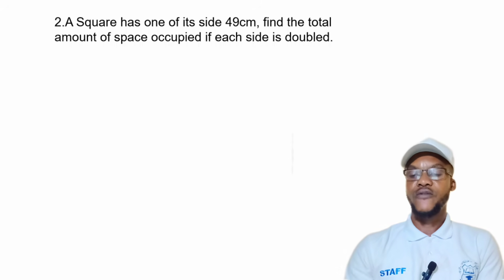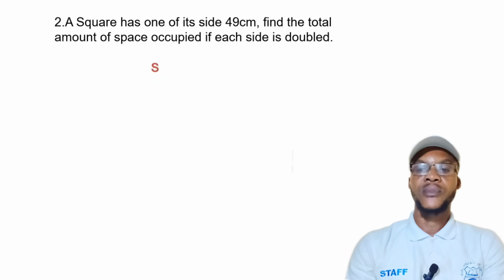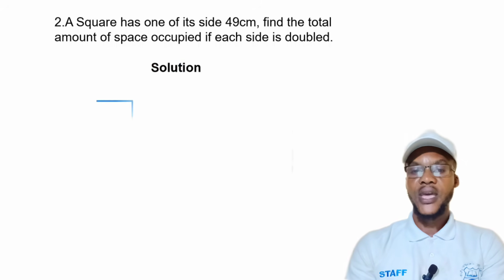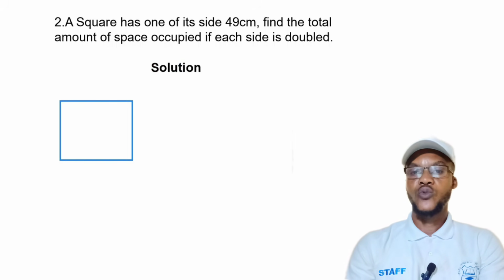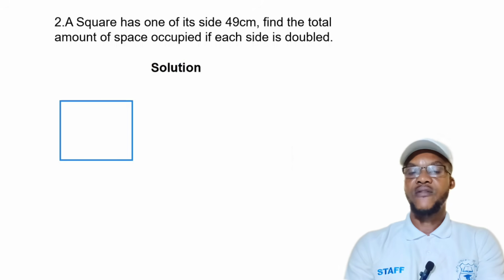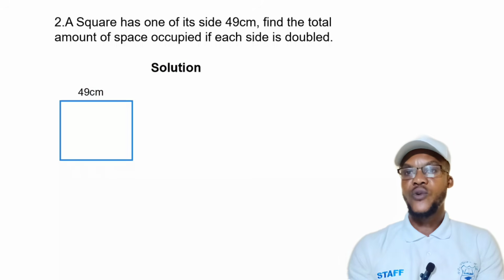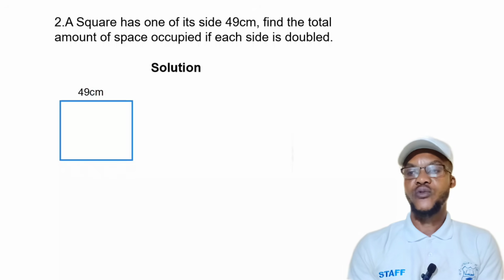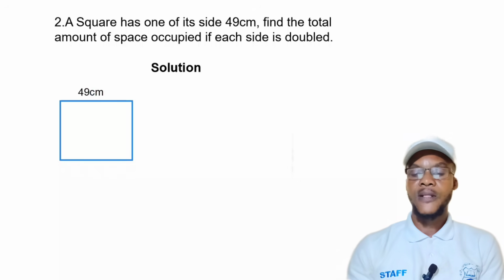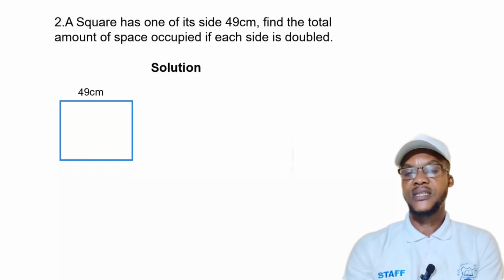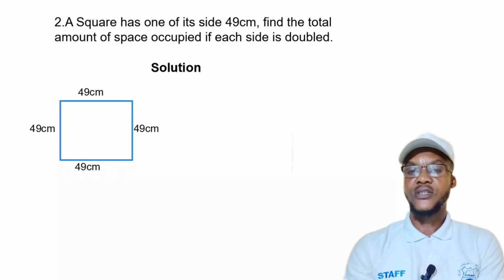So first of all, let's draw our square. We are saying that if one side is given as 49, and you all know that a square has all sides equal. Yes, this one is basic. So if one side is 49, then automatically the rest of the sides are also 49 centimeters.